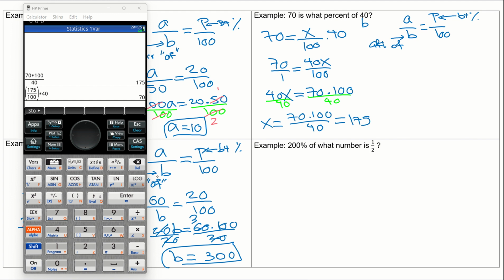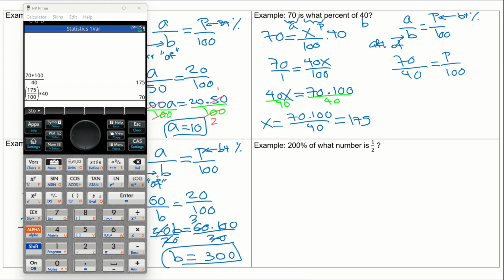And what comes before percent is the what, right? So that's going to be my P, it's just going to be the unknown. And the other one that's left must be the what? That must be A, okay? So now we say A, which is 70, over B, which is 40, equals P, which is unknown, over 100.